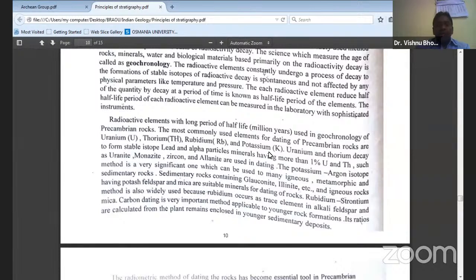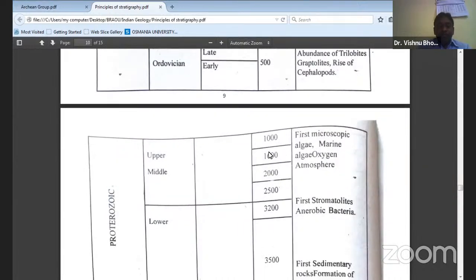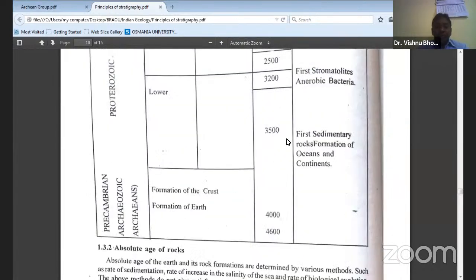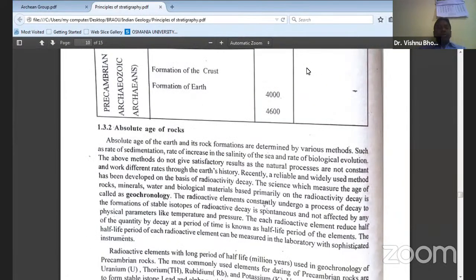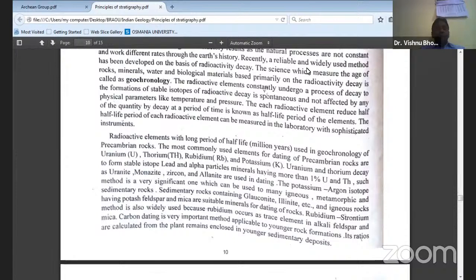Minerals having more than 1% of uranium and thorium can be used here, like uraninite, monazite, zircon, and allanite, which are used for dating, taking into estimation the life of Precambrian rocks.